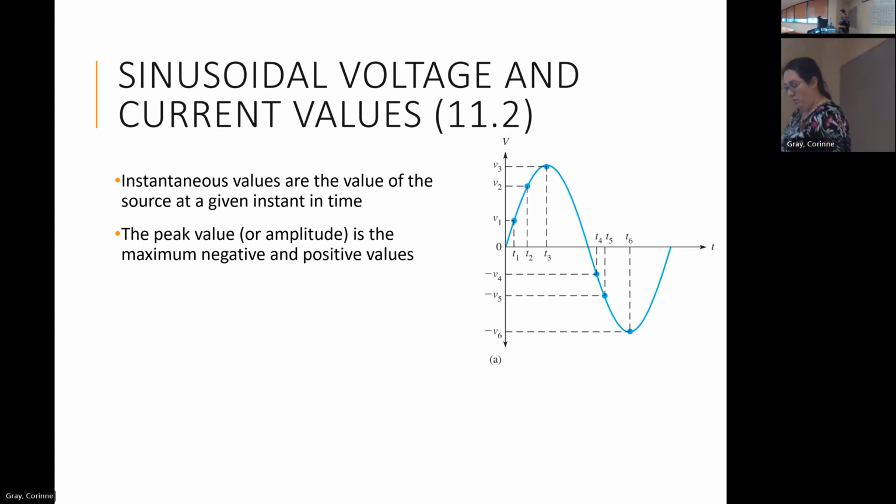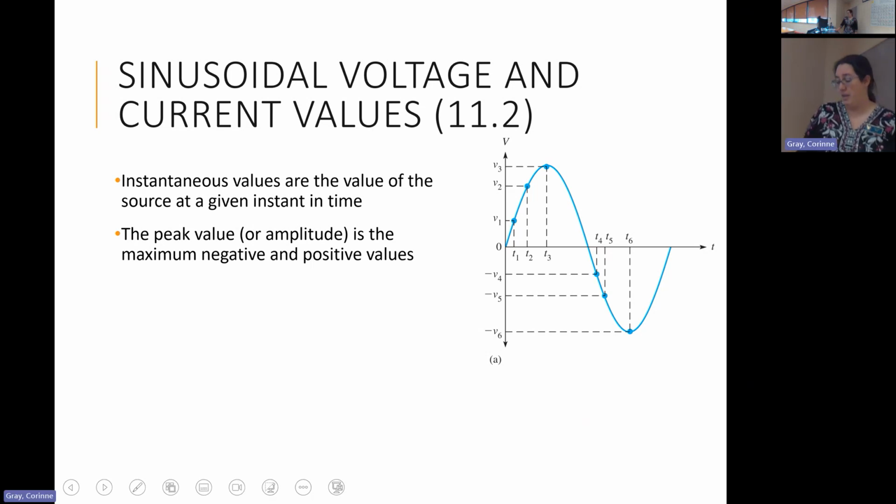For the peak value, this can technically be referred to as the positive or the negative value. Very often, we're just going to use the positive value as our reference because it's a little bit nicer than saying that your biggest value is negative something. So typically we refer to the positive as the peak value.